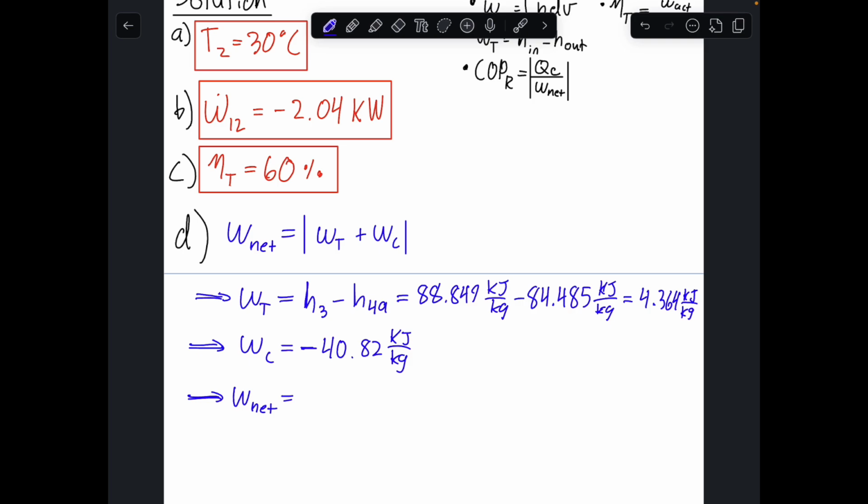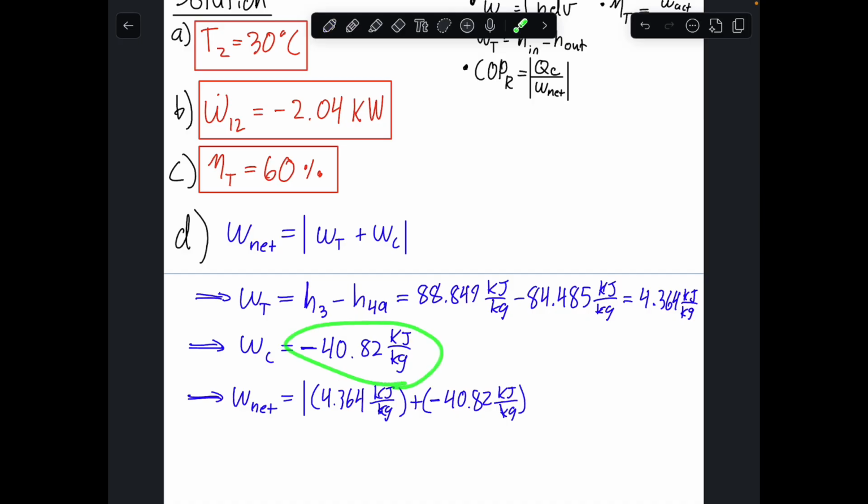Work net is going to be equal to the magnitude of our 4.364 kilojoules per kilogram plus our negative 40.82 kilojoules per kilogram.